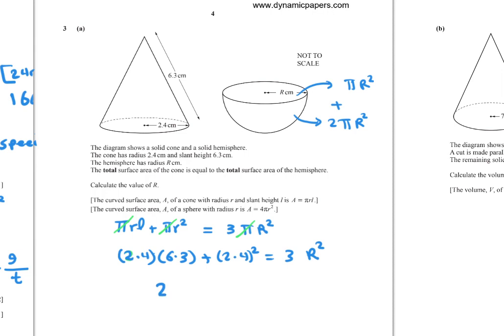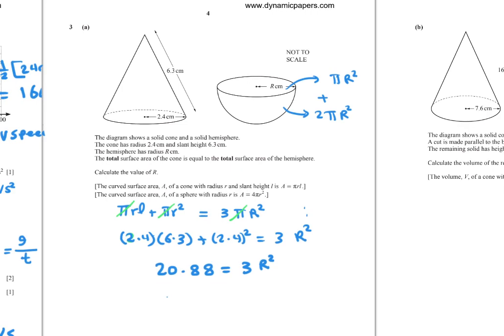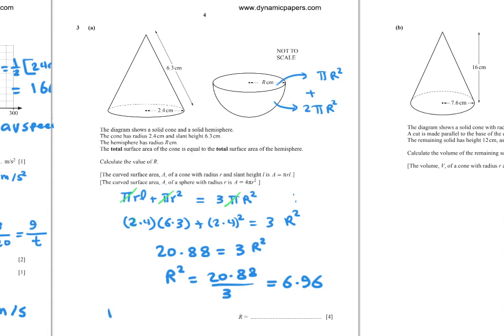The left hand side, 20.88, equals 3r squared. So r squared equals 20.88 divided by 3 equals 6.96. Now r equals the square root of 6.96 equals 2.6423 to 5 significant figures.